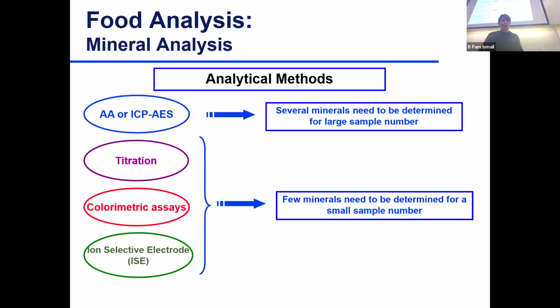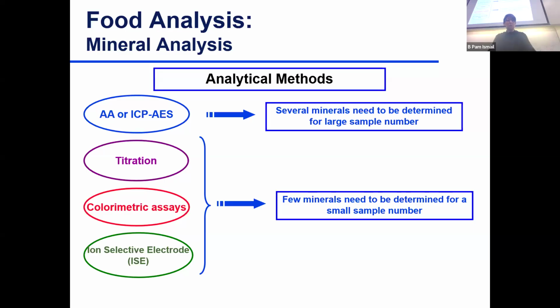Okay. So we already studied atomic absorption or emission, and a lot of the minerals are determined using atomic absorption spectroscopy or inductively coupled plasma atomic emission spectroscopy, which we already studied.